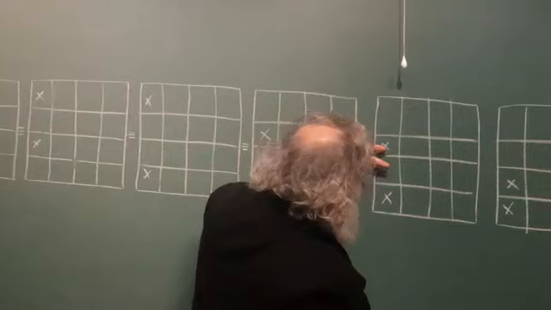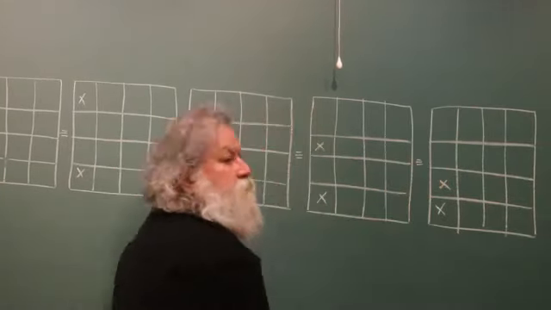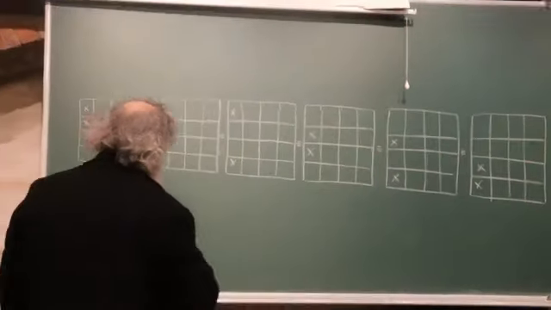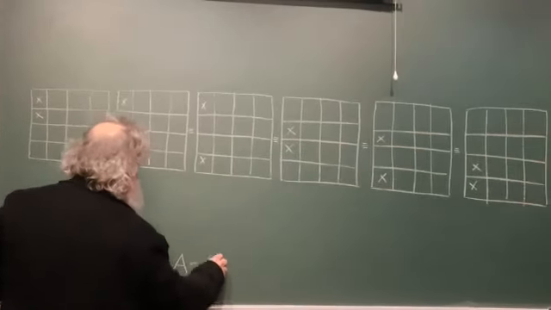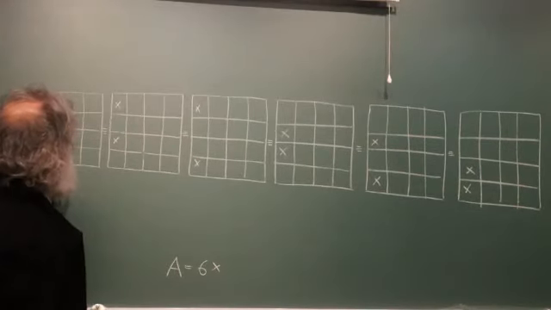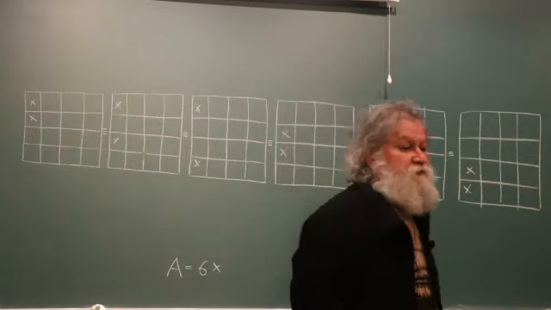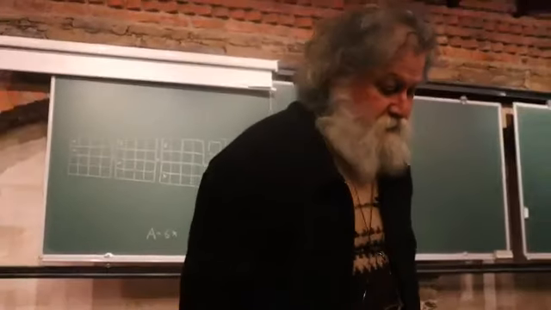So let's call this A. A is 6 times something, because if there are 50 of them here, there will be 50 of them here, here, here, here, here. It will be 6 times 50. Is this clear?